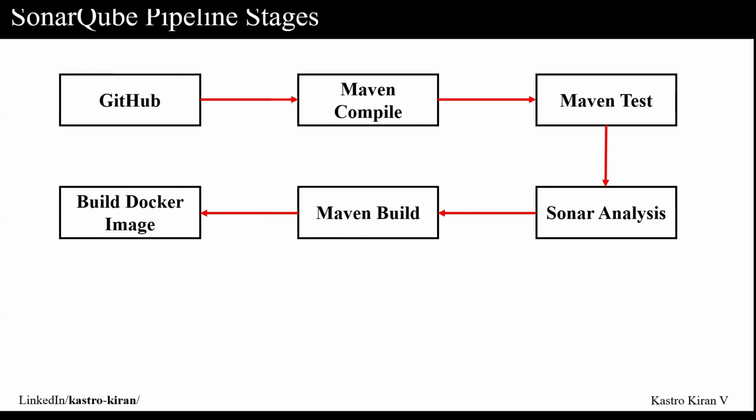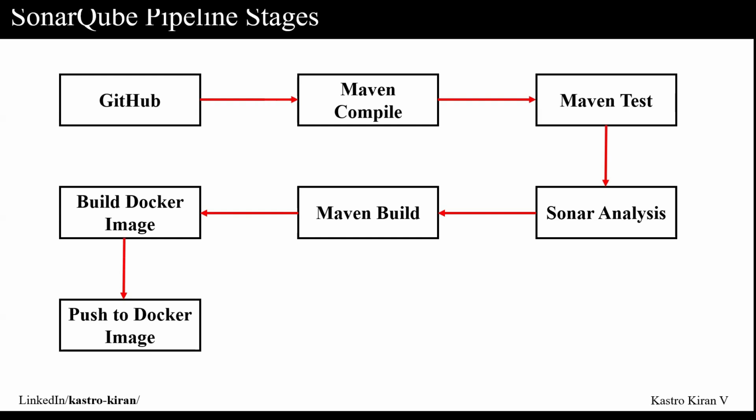So as a part of this demo, I'm also integrating Docker as well. So we are going to build the Docker image. And once the Docker image is built, we are going to see how to push the Docker image to Docker Hub or the Docker registry. That's the 7th stage in our pipeline, that is pushing the Docker image to Docker Hub.